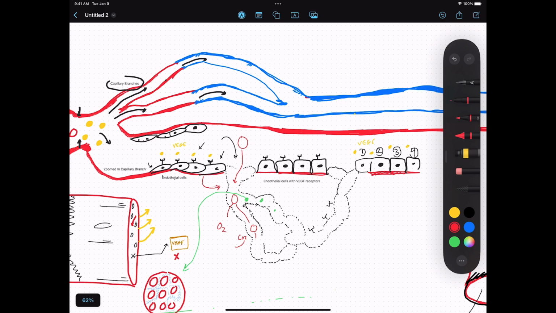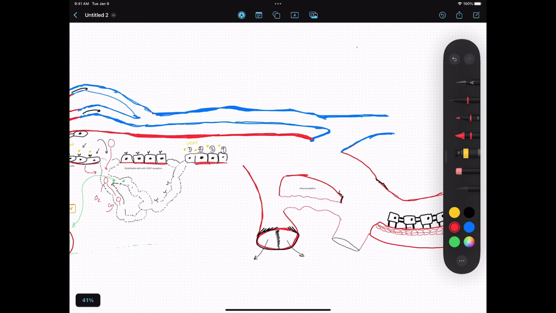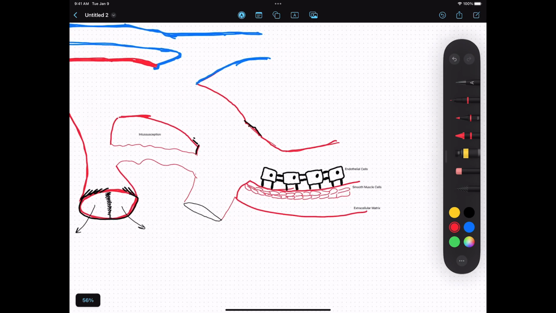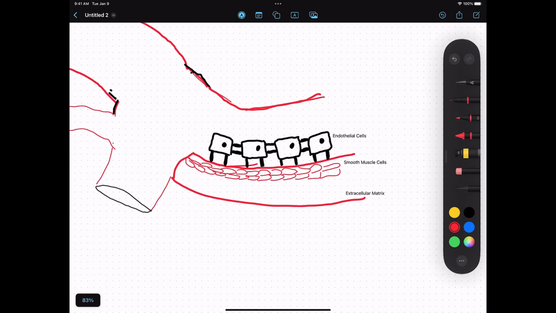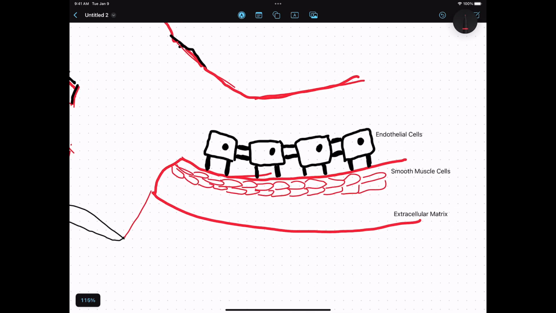So now I want to talk a little bit about inflammation and about these matrix metalloproteinases. I'm going to zoom out, and here is another section that I want to look at, and we're zooming back in. As you can see here, we have our endothelial cells and our VEGF receptors.